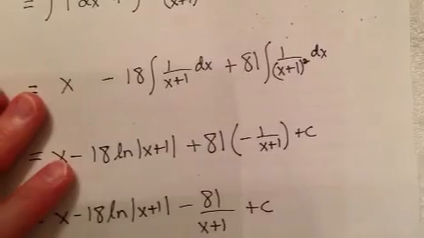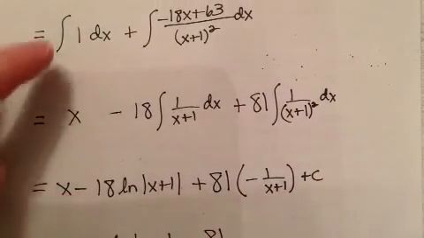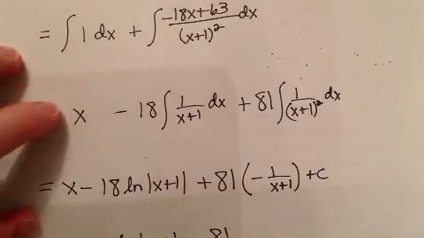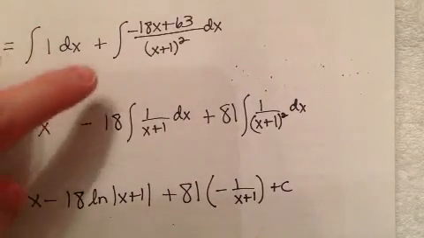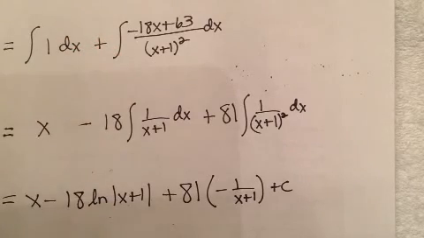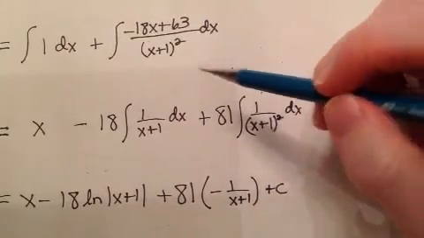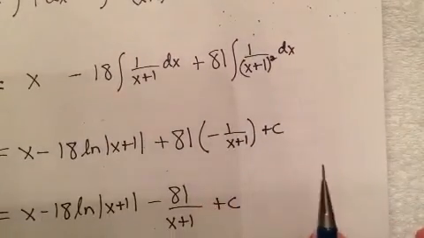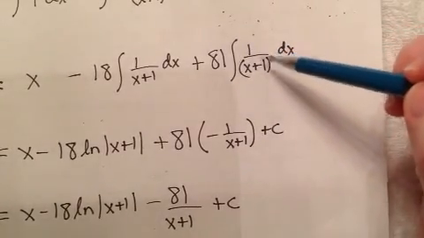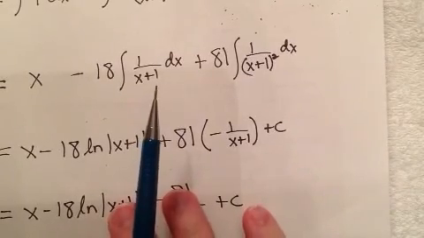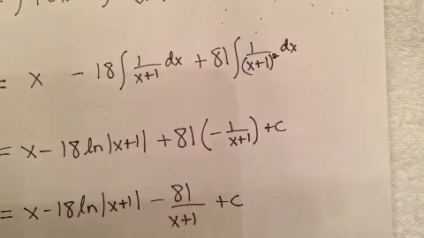Originally, from the long division, the antiderivative ends up at x, and then from the partial fraction decomposition we have negative 18 all over x plus 1 dx, and then 81 over x plus 1 quantity squared dx, and I took out the coefficients, just put in front of the fraction, or the reciprocals.